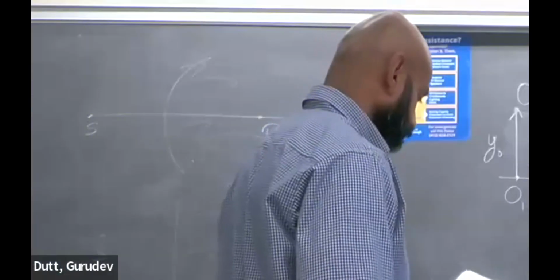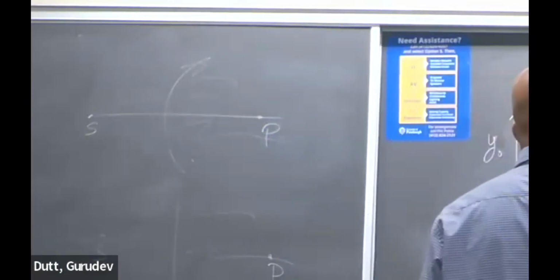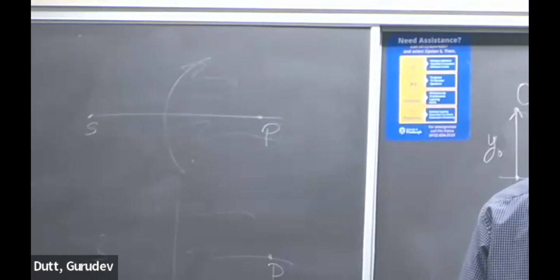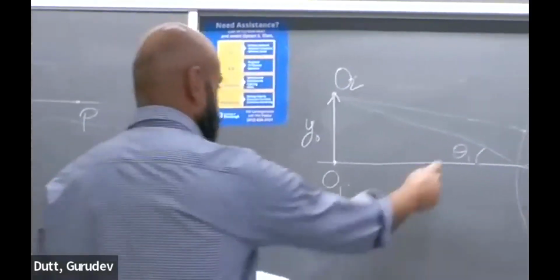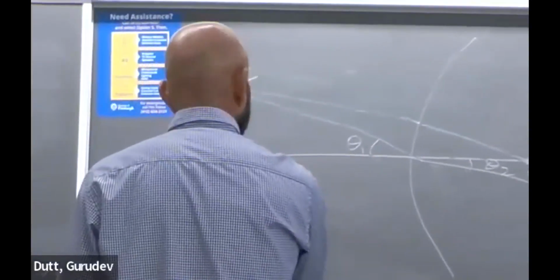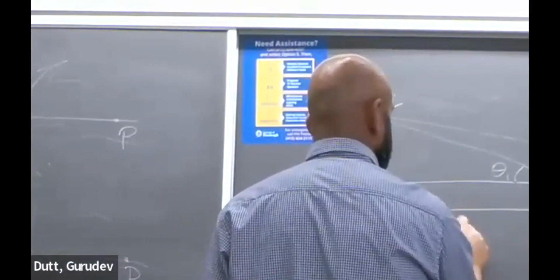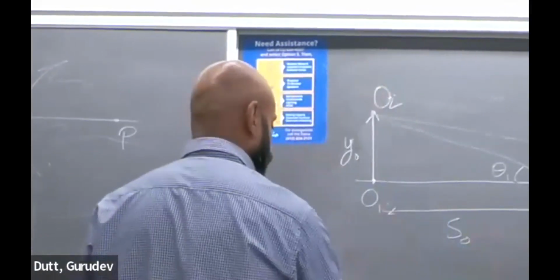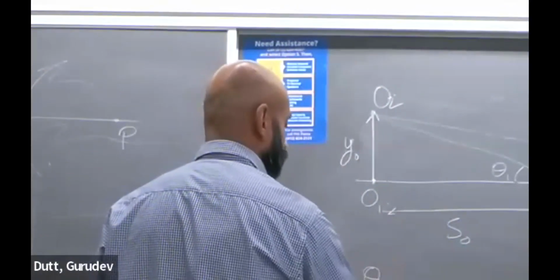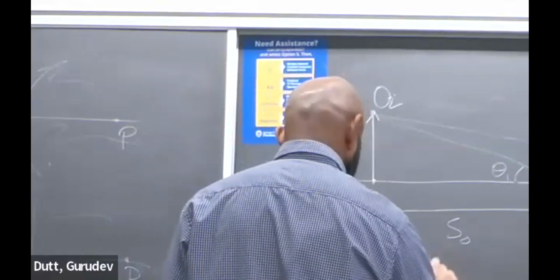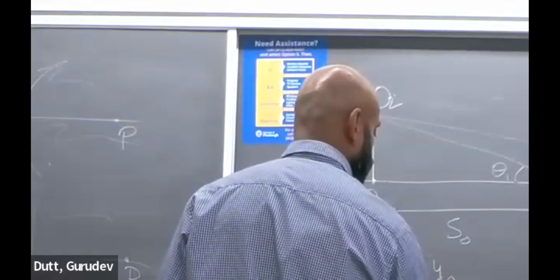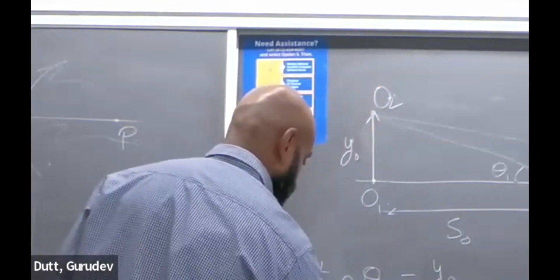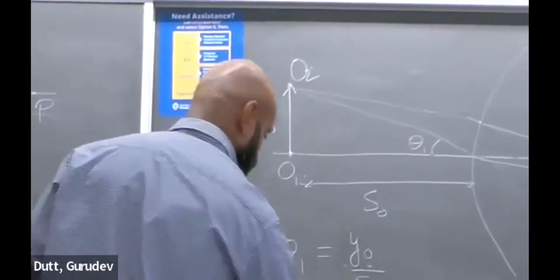Okay, so we have this angle. Let's call that theta1, and this is the refracted angle theta2. Then we can immediately see from this triangle, this distance is S0. So tan theta1 is equal to Y0 divided by S0. Similarly, tan theta2 on the right hand side will be Yi divided by Si.